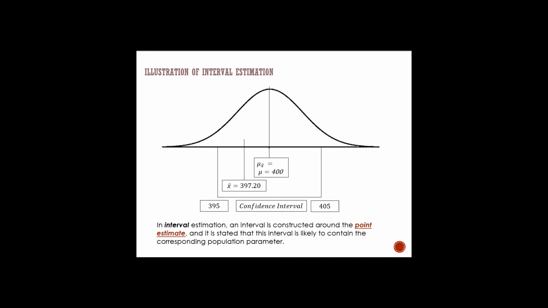So if we're estimating the mean, for example, we say that the population mean is probably within this confidence interval that we're going to set up. On this slide, I've illustrated it with the numbers 395 and 405. Those would be the two points at the limits or the boundaries of our confidence interval. And we're stating that we believe the actual population mean is within those two numbers.